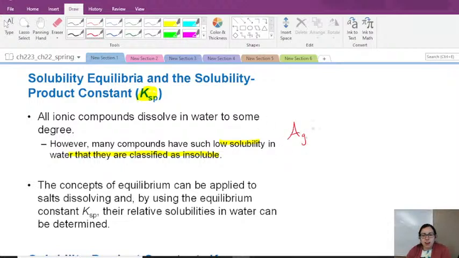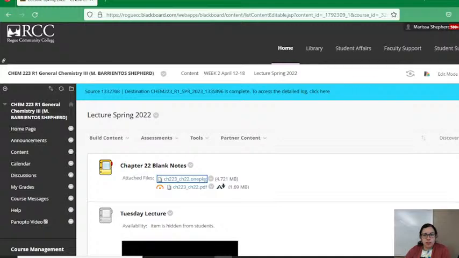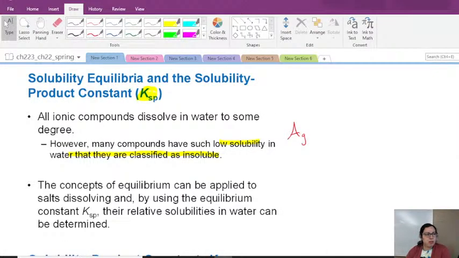Yeah, so silver iodide's a good one, or silver compounds in general. I don't have a solubility chart, but yes, we can put silver iodide.